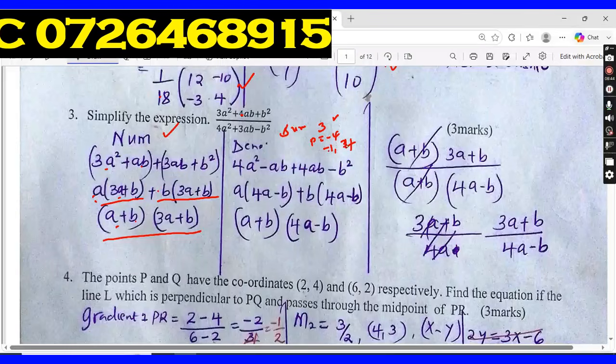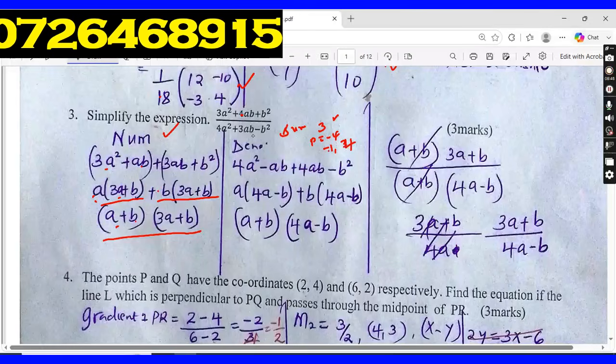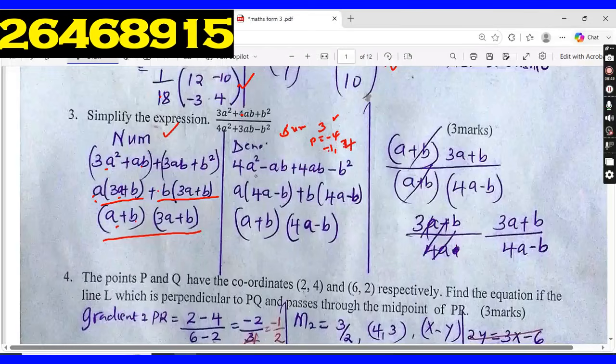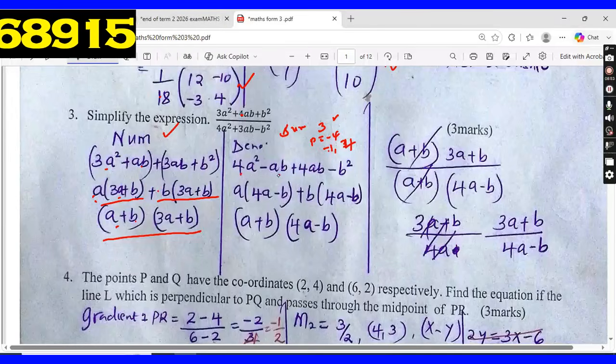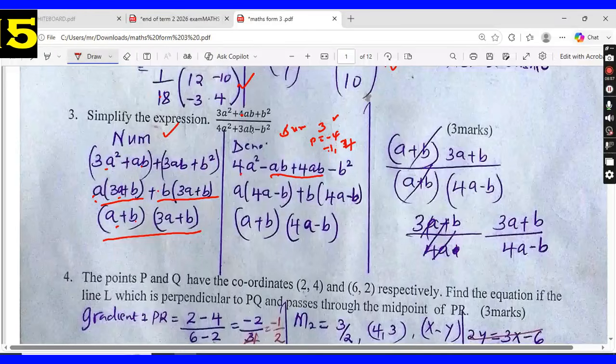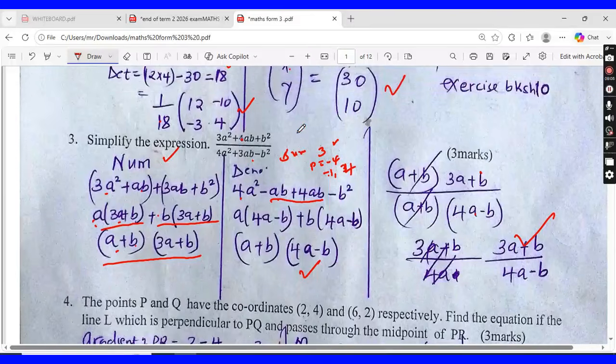Negative 1 times 4, the answer is negative 4. Now, once you have that, 4a squared minus ab plus 4ab. When you add these, they must give you 3a. And then you find this one. Now the numerator divided by the denominator, you get that as the answer.